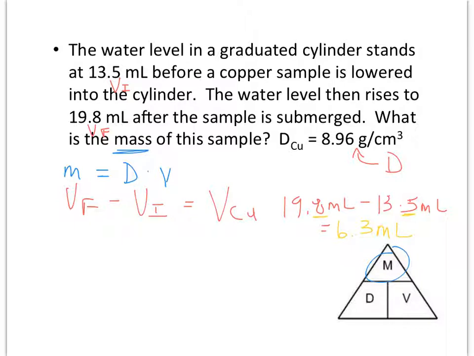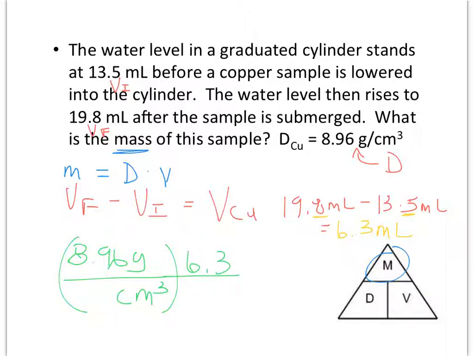Okay, so now I can go ahead and finish up this problem. My density is 8.96 grams per centimeter cubed, and I'm going to multiply by the volume found through water displacement, which is 6.3 cubic centimeters.